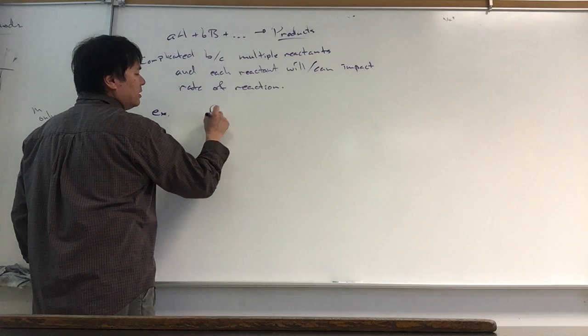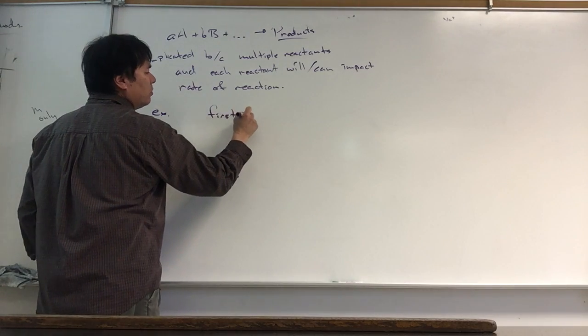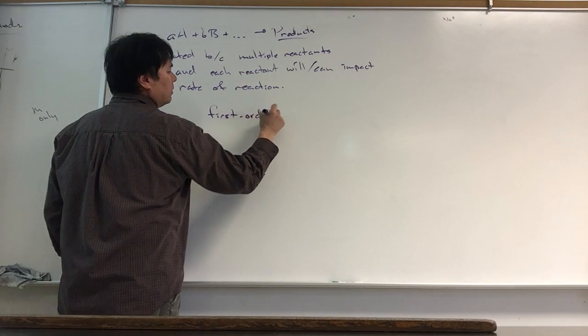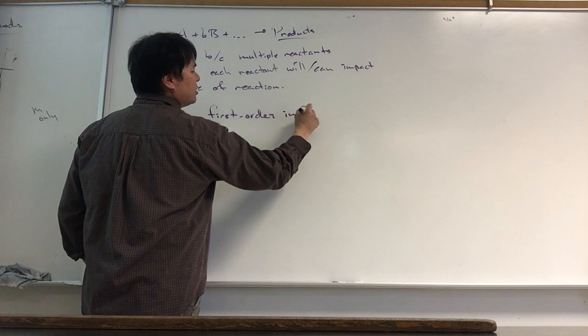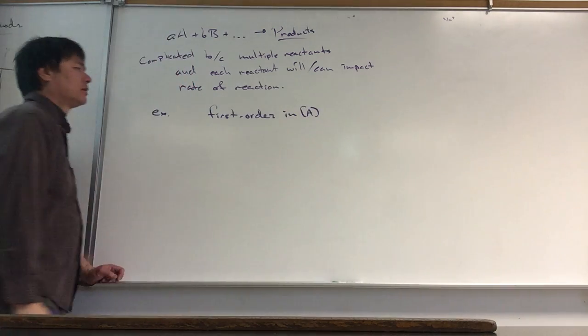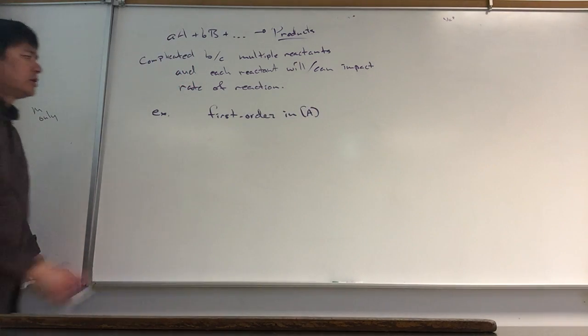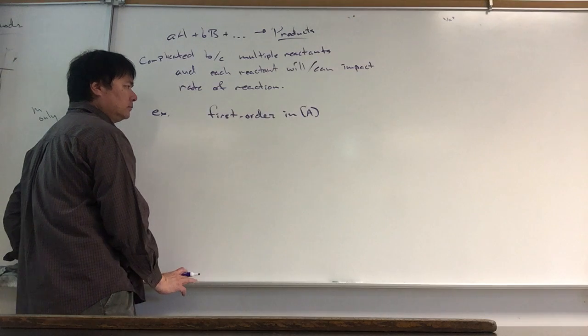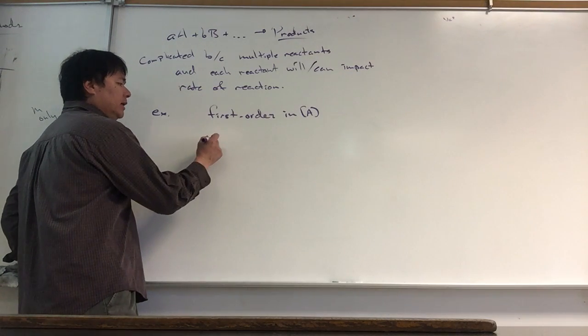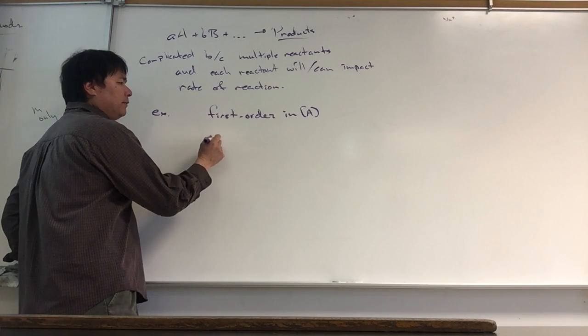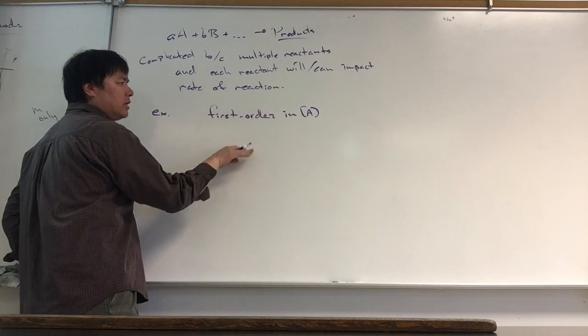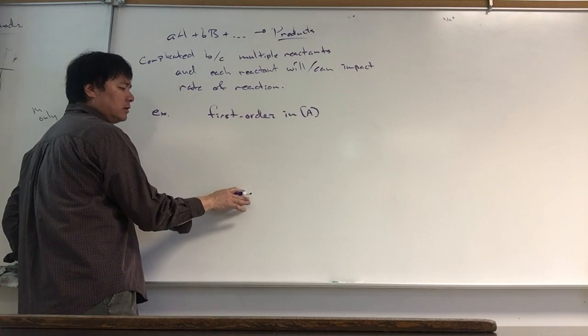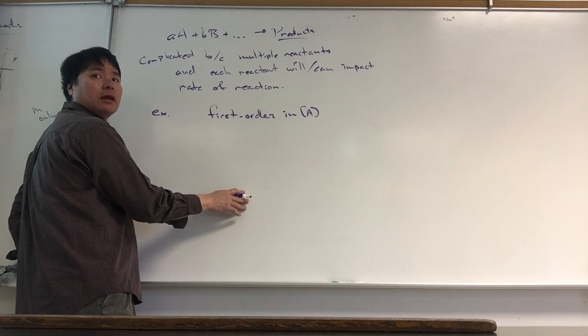If we have something that is what we call first order in the concentration of A, it'll be like this. First order in the concentration of A means that if the concentration of A gets cut in half, the rate gets cut in half.